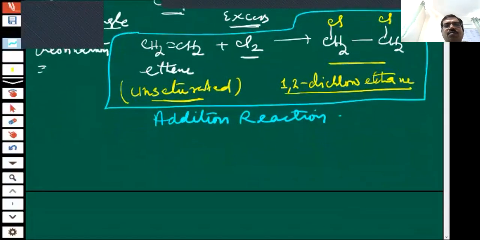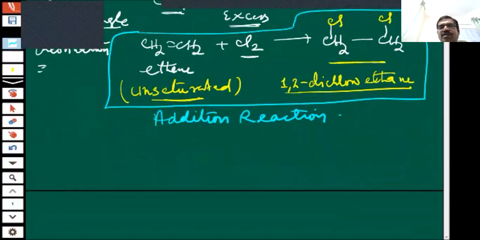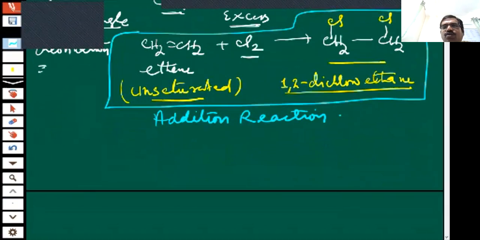No need to give the proof of why it is addition reaction. See, in this molecule, previously the molecular weight was less and now the molecular weight is more. 2 additional chlorines are added. That's why it is addition reaction.